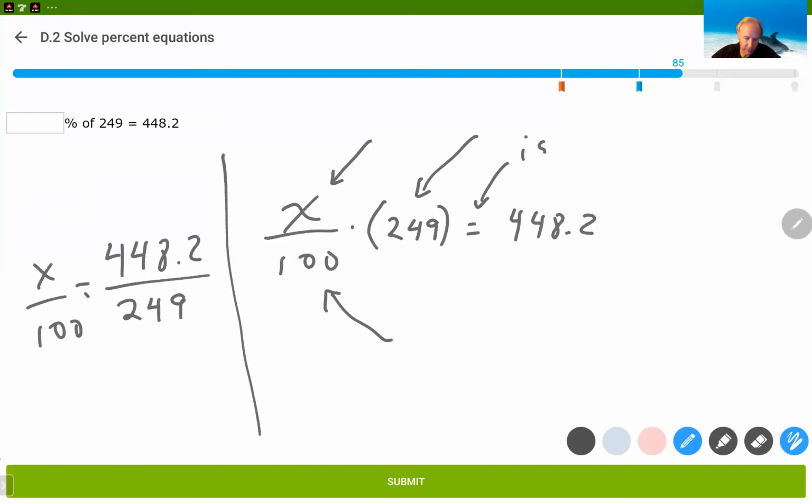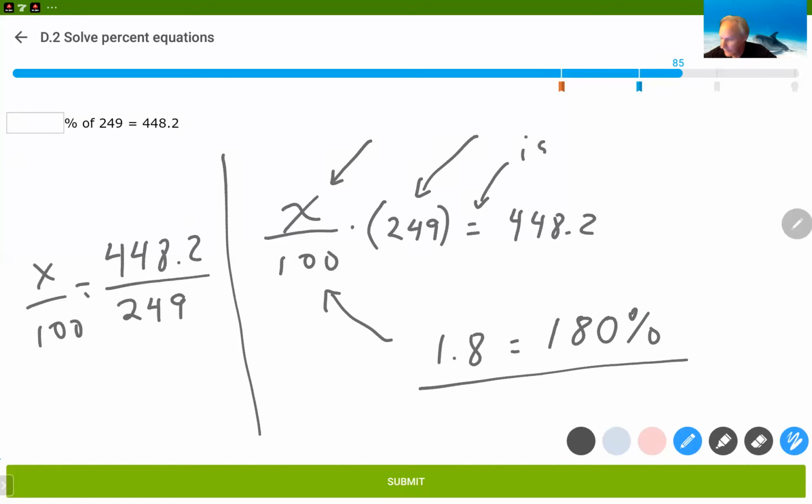I'm just going to go ahead and do my division. 448.2 divided by 249. I get 1.8. That's 180%. So I just did the division and then multiplied by 100 to change it to a percent. They only want me to write the 180 in there.